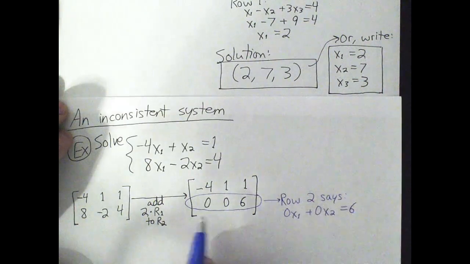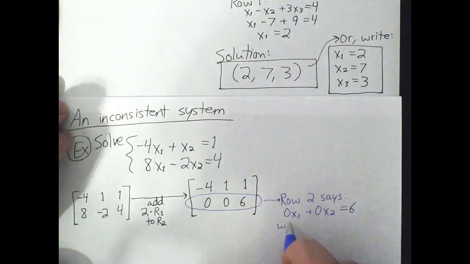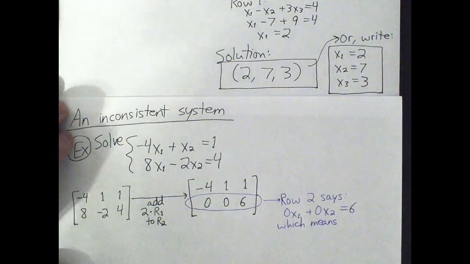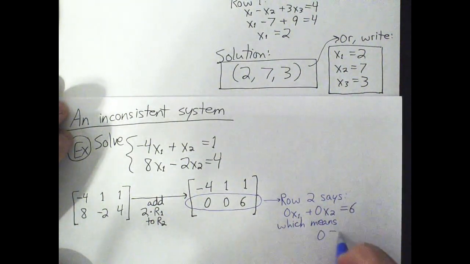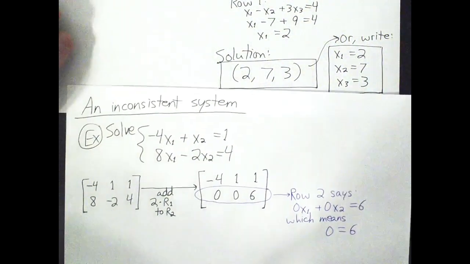Because these are the numbers. We've got a 0, 0, 6. Which means 0 equals 6. That's what we have found here.